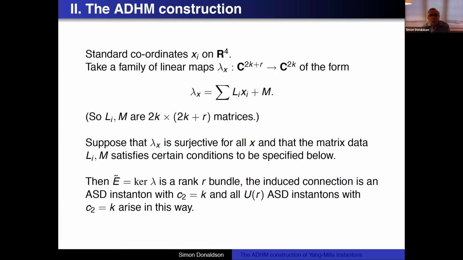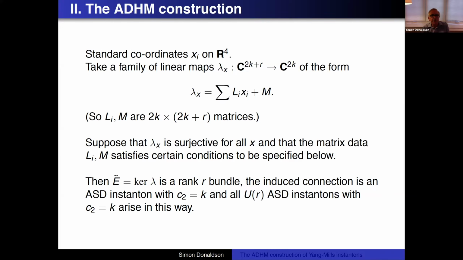So we're going to consider a family of linear maps depending in a linear fashion on the coordinate x. So these are going to be linear maps, lambda x, from C^(2k+r), the complex vector space of dimension 2k plus r, to C^(2k), having the form specified.